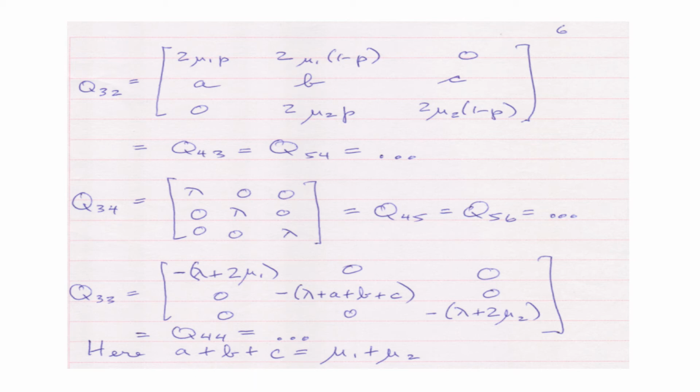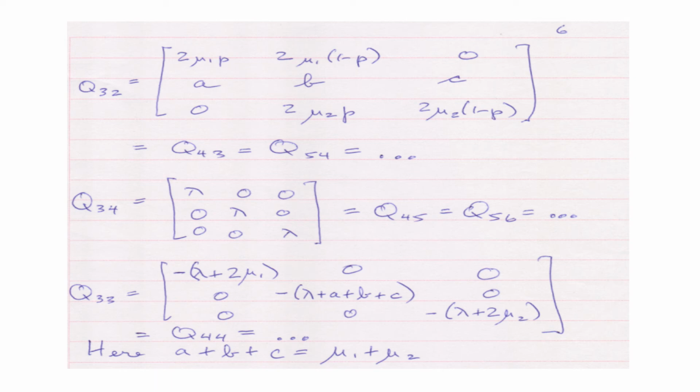Similarly, to go from 3 customers to 4 customers, that means we're having an increase. The increases are happening at rate lambda. Lambda is lambda 1 plus lambda 2. We don't distinguish between the short and long customers at this stage.